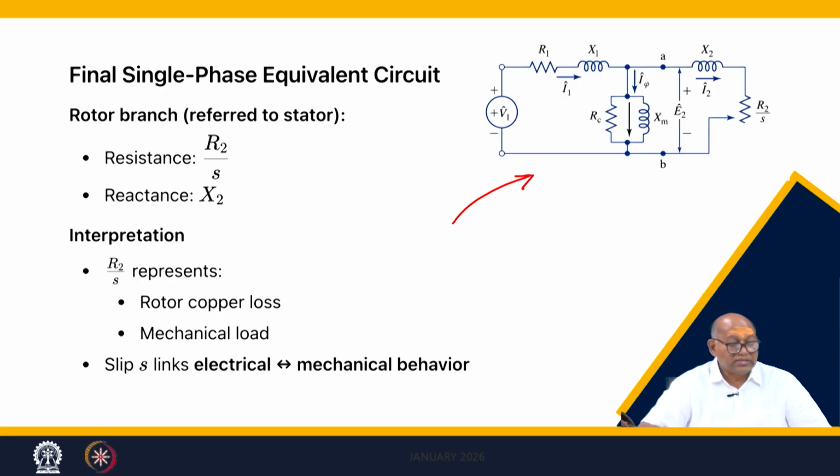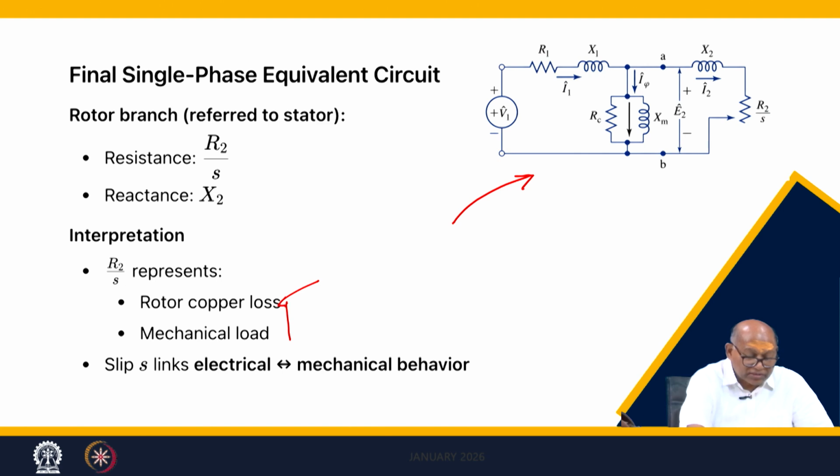Resistance is R2 by S, reactance is X2. The interpretation is that R2 by S has two components. One represents the rotor copper loss, that is I2 square into R2, and then whatever the total is, if you subtract I2 square R2, that gives you the mechanical power. So, this is the rotor copper loss.